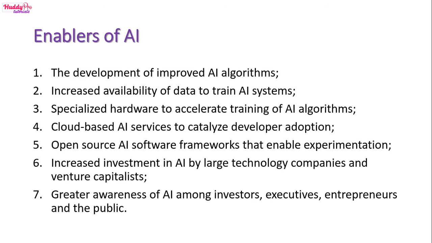Number two, nowadays we have increased availability of data to train AI systems. This is the information era. We have availability of data everywhere, and very many databases full of data. That availability of data is helping us to train the AI systems. Then next, we have specialized hardware to accelerate training of AI algorithms.